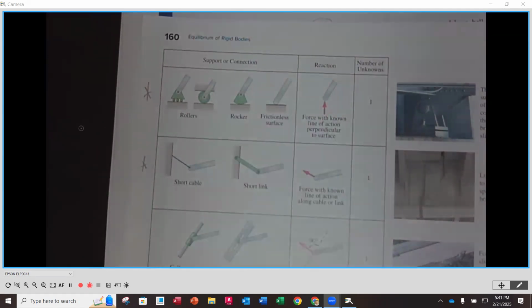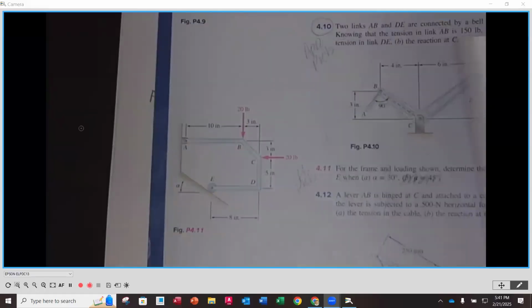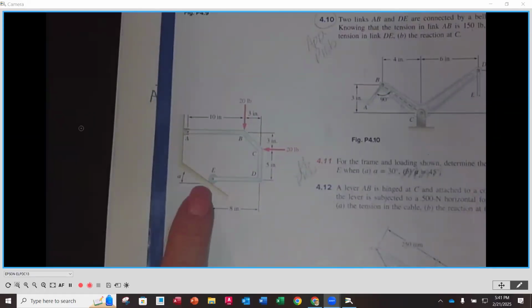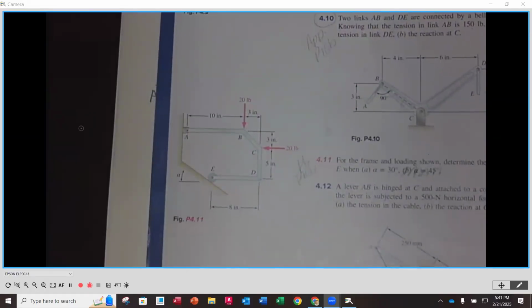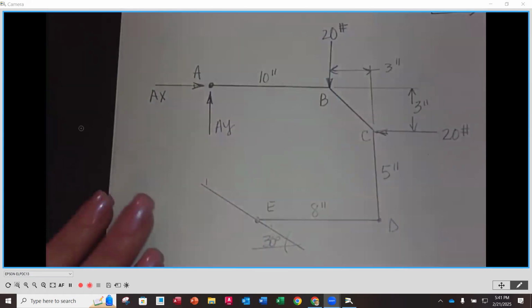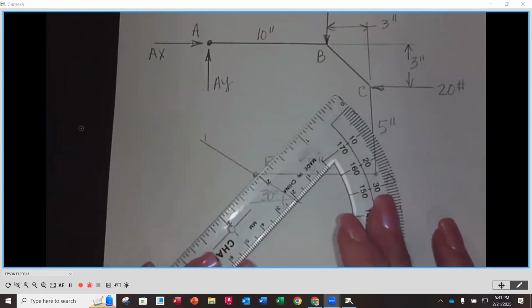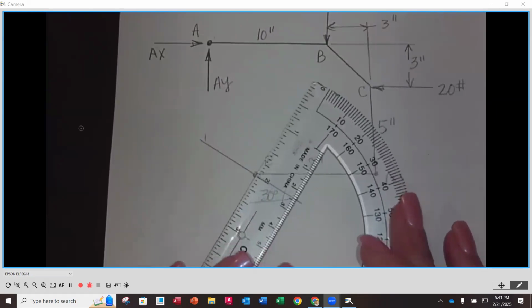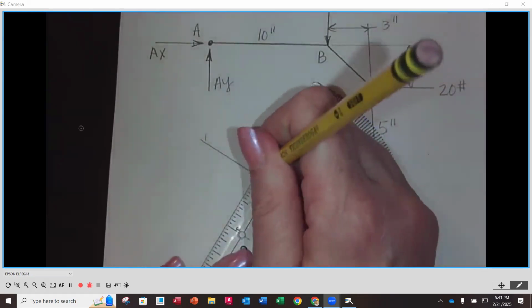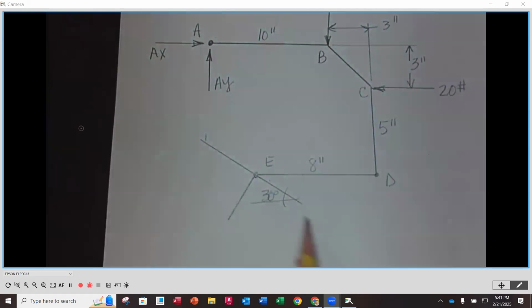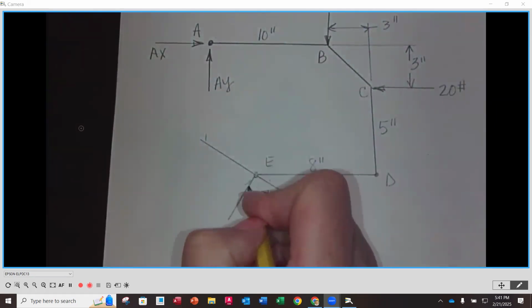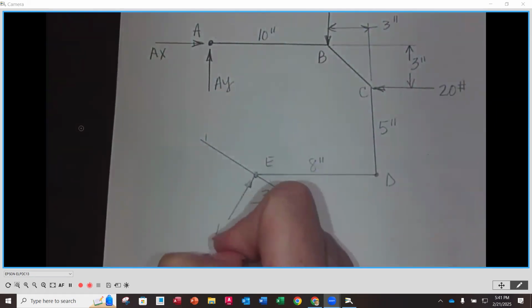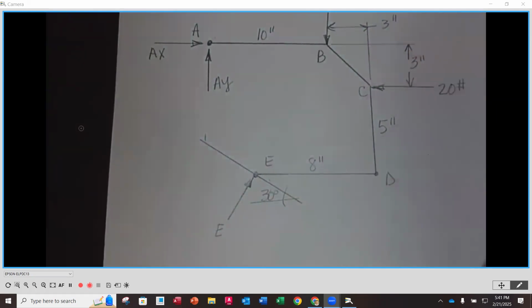And that's going to be one force as a reaction, and it's going to be perpendicular to the surface it's riding on. So in this case, it's riding on that surface that's at a 30-degree angle. So that means that we're going to be showing one force perpendicular to that surface, okay? Not along the line. The surface is at that 30-degree angle. So this is going to be our force E, okay?